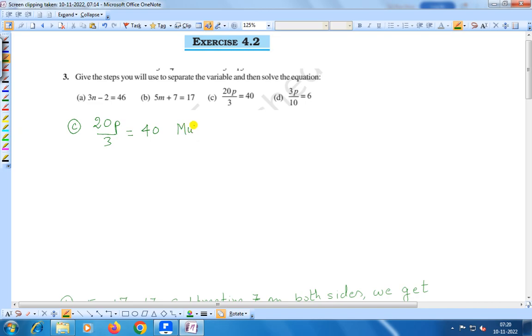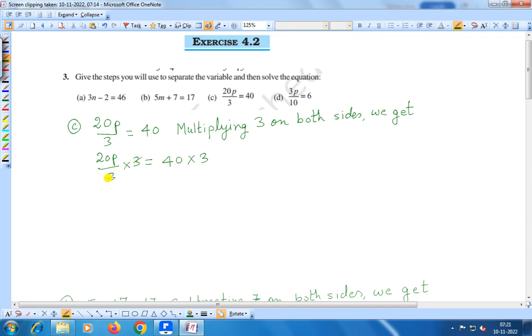Multiplying both sides by 3, we get 20p by 3 into 3 is equal to 40 into 3.